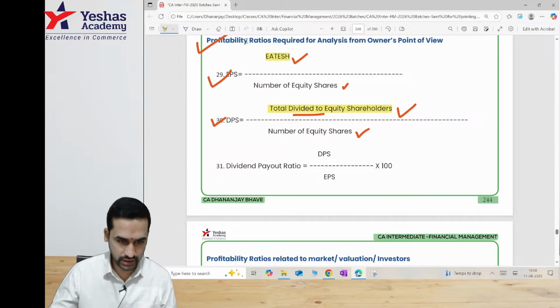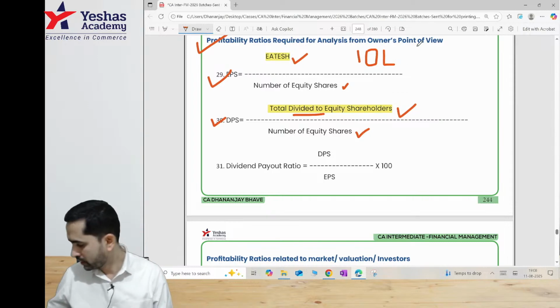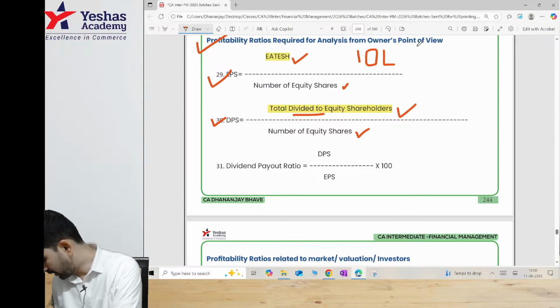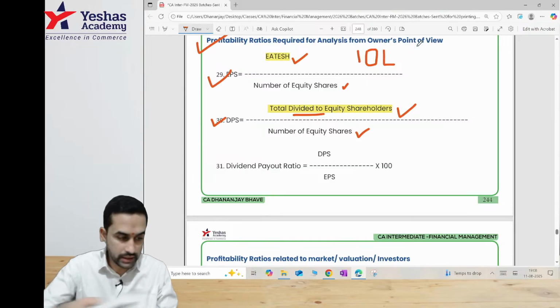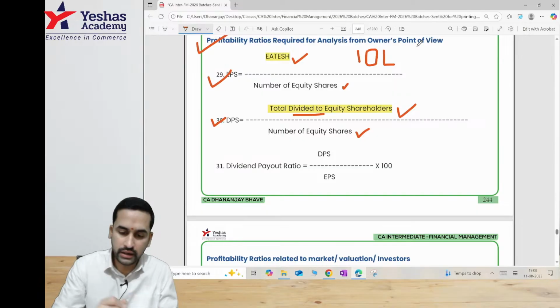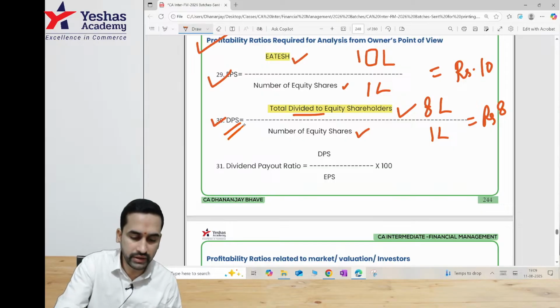Suppose a company has earning available to equity shareholders of say 10 lakh rupee. Out of 10 lakh rupee, they may decide to distribute just 8 lakh rupee. Now when you do 10 lakh divided by, let's assume 1 lakh shares, then your EPS is rupees 10. Out of that, if they're paying 8 lakh rupee, 8 lakh divided by 1 lakh, now rupees 8 is dividend per share.